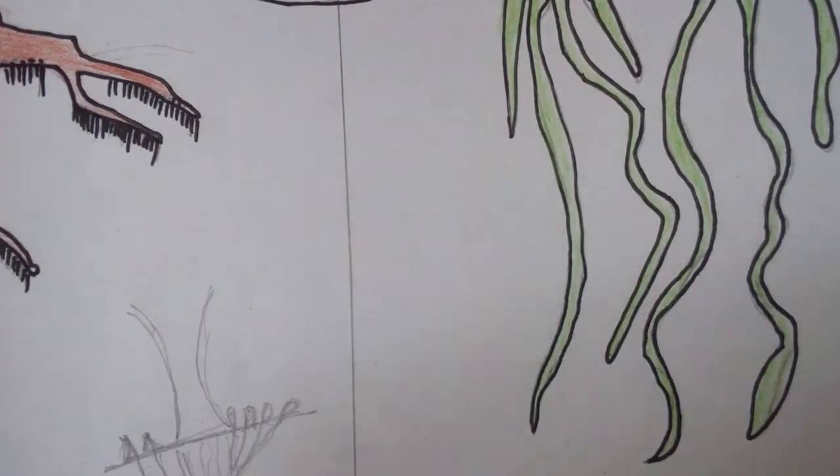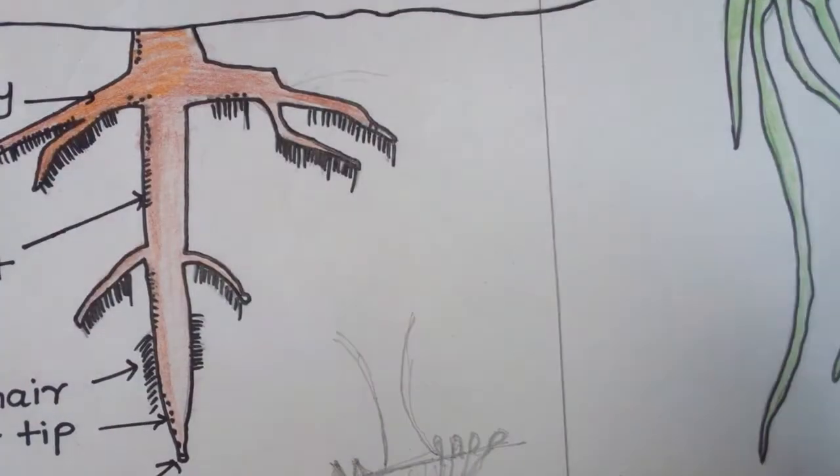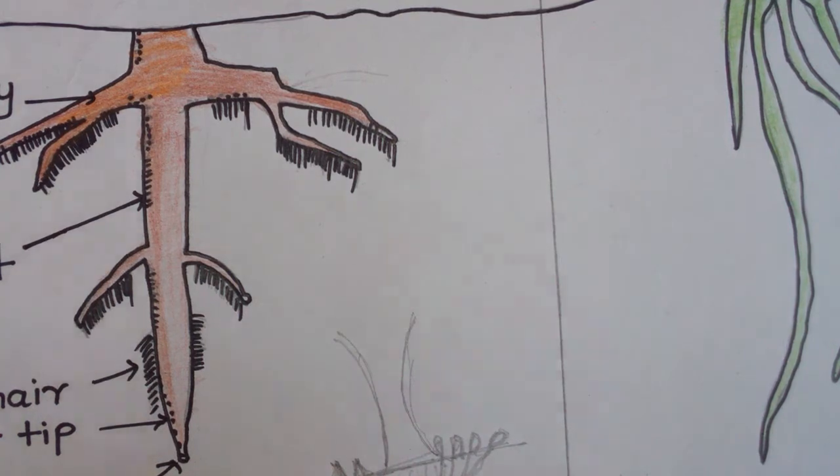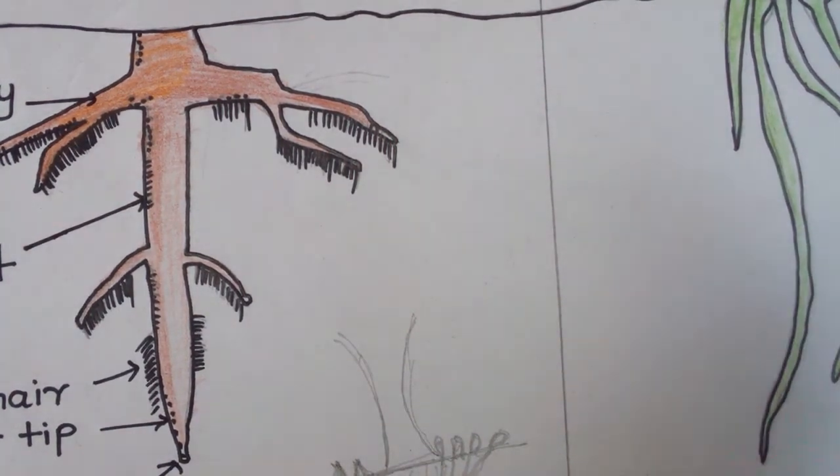And the main function of the root is to give support as well as anchoring of the plant and to absorb water and minerals from the soil. Okay, all of you understood? Then the next part, stem and leaves, we can take up in the next lecture.